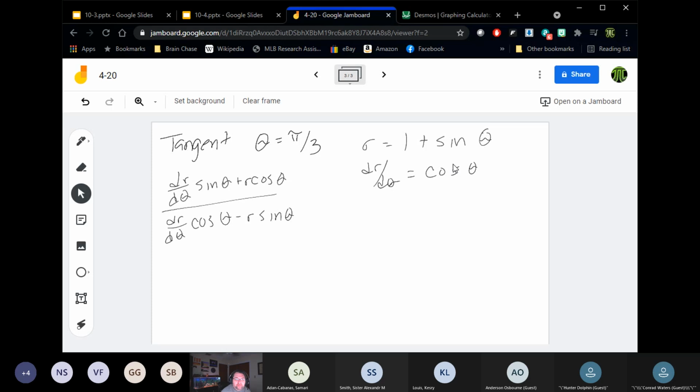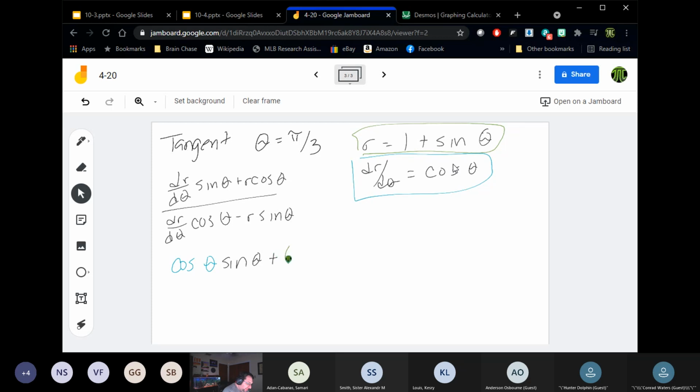So we have that. Now we're going to plug it into this function. We have that part, and we have that part. So my dr d theta is cosine theta. And then I have sine theta plus, and now I have r.